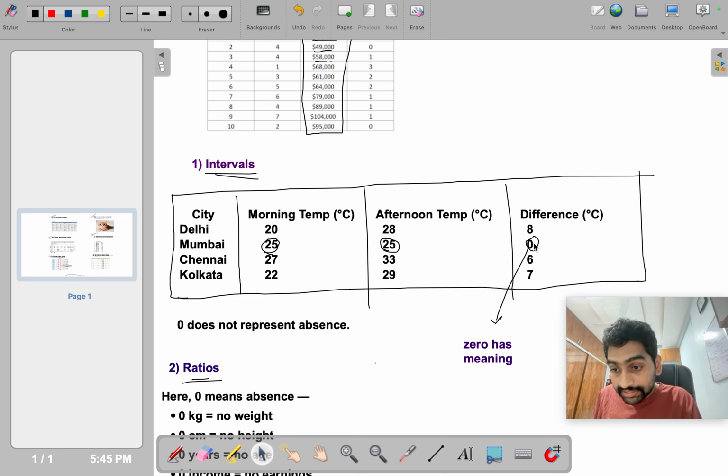This is very important. 0 degrees does not mean there is no value. 0 degrees Celsius means the freezing point, so it has some value. Intervals are the kind of data where, if you take the difference between two quantitative numbers, the result, even 0, has meaning. That type of data is called interval data.